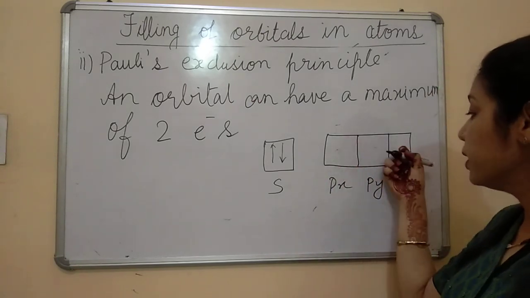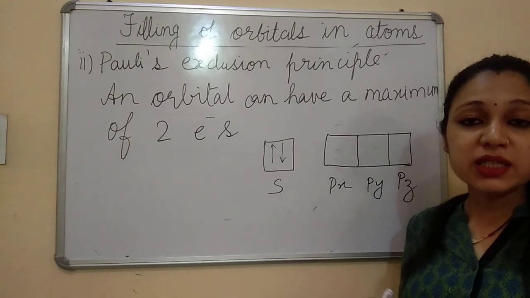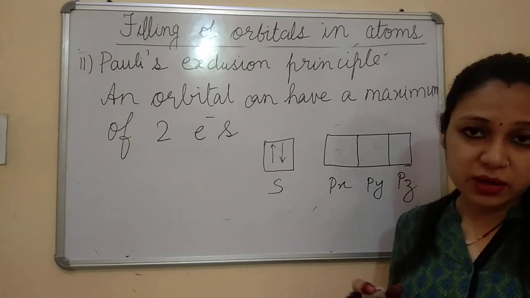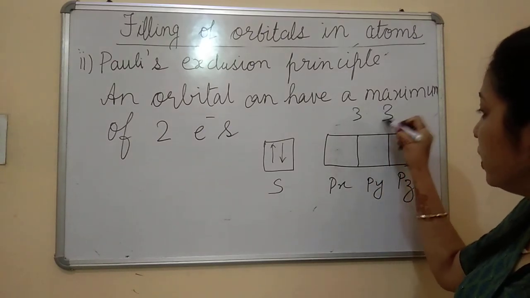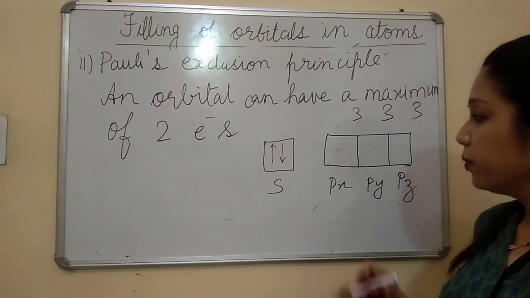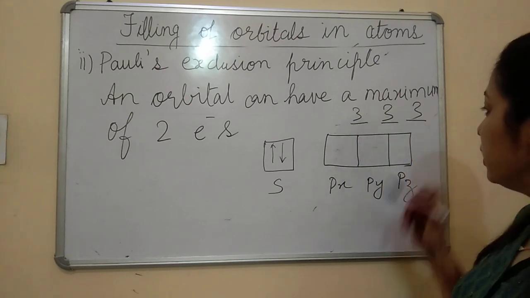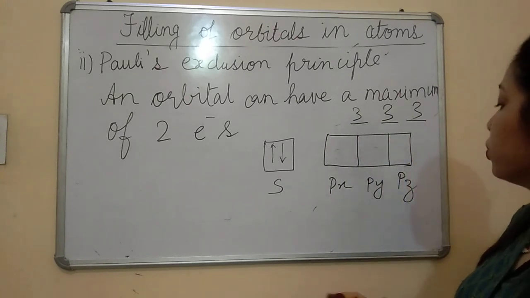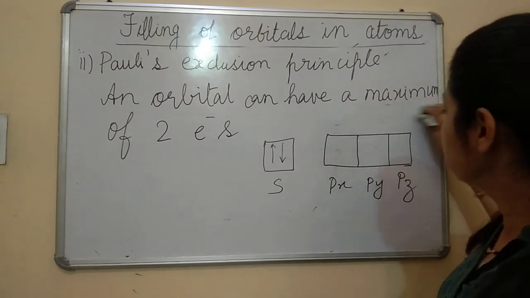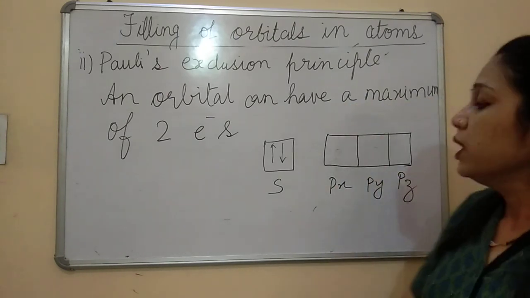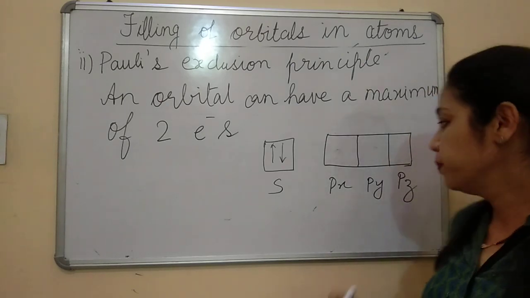As they have the same energy, therefore they are known as degenerate orbitals. Suppose the value of n plus l is 3, 3, 3. So the value of n plus l is 3 in all the three cases. So all the three orbitals will have the same energies, and are known as degenerate orbitals.